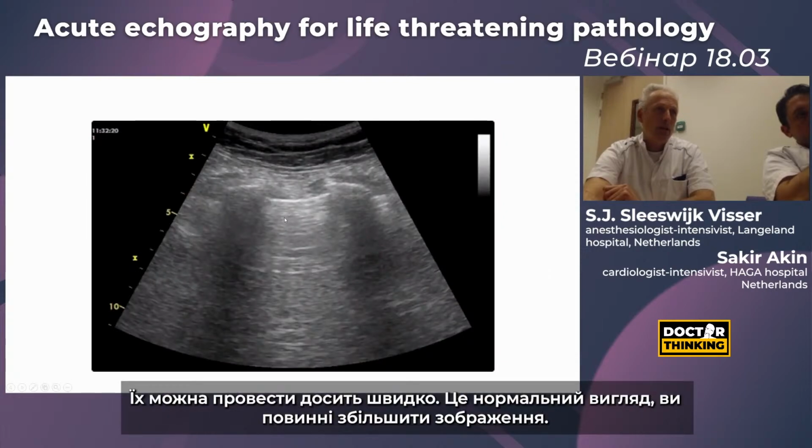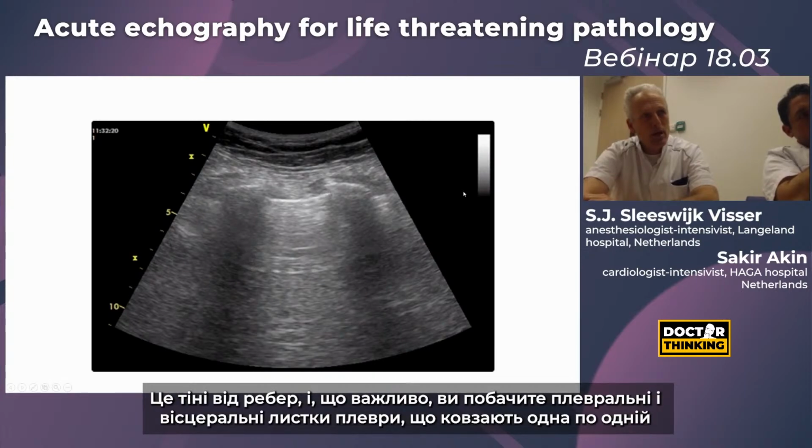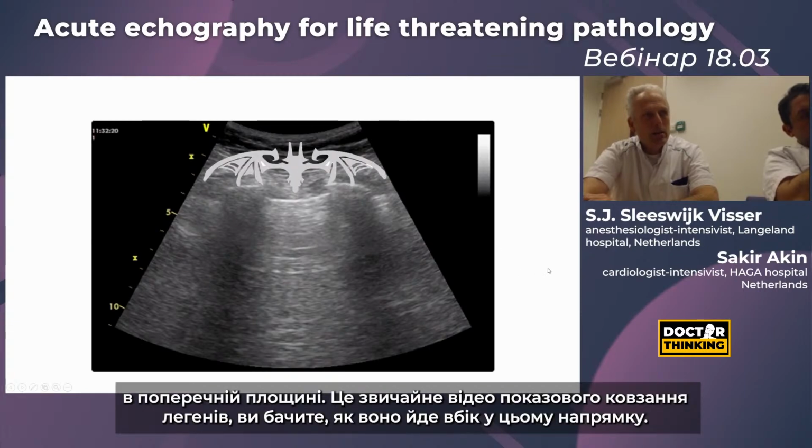This is a normal view. You have to zoom in. What you will see is the bat sign, we call it. These are the shadows of the ribs. And importantly, you will see the pleurae, the visceral and the parietal pleurae sliding over each other in the transversal plane. This is the bat.